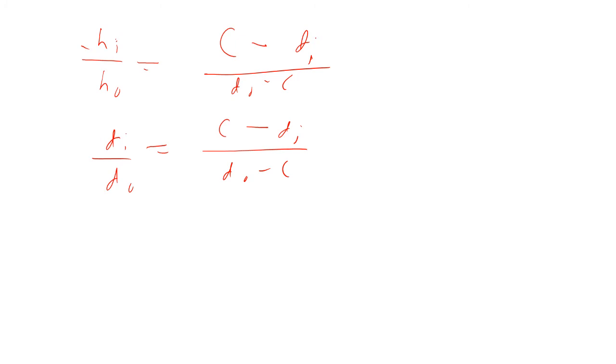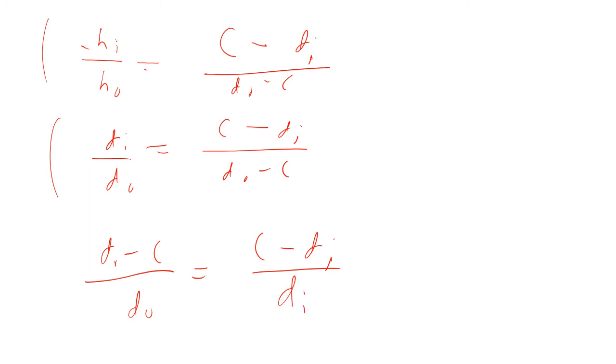And we got this because minus HI over HO is the same as DI over DO. Okay, so now we cross multiply. DO minus C over DO equals C minus DI over DI.